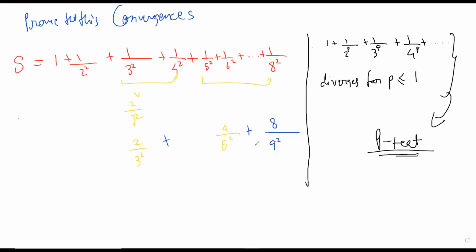Basically, if you can prove that this series converges, then you're done. First of all, you have to figure out what the pattern is. 1/2 square, 2/3 square, 4/5 square, 8/9 square.